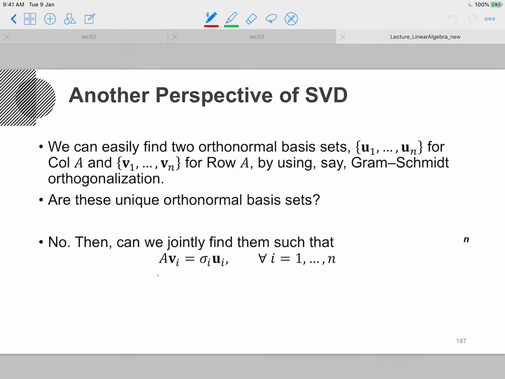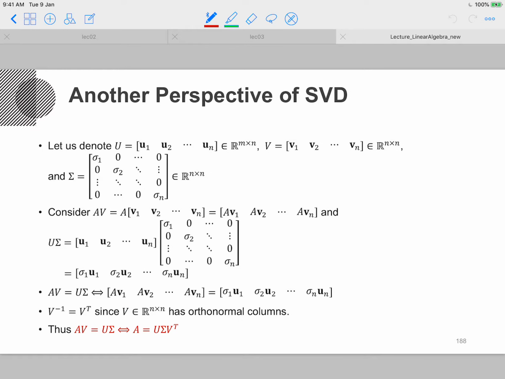Oh yeah, we have it here. Okay, so previously we obtained AV equals U sigma, right? And then A times V, where V was in the place of U sigma V transpose, right?